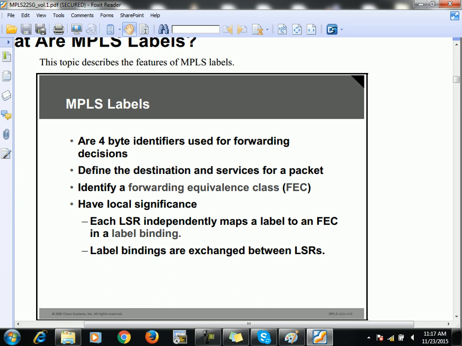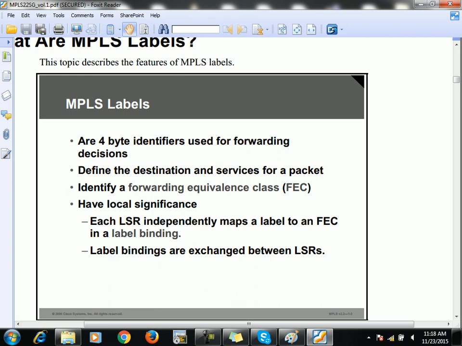One FEC, one label. LSR is a label switch router, whether it is SLSR or LSR. They will be responsible to generate labels and map those labels to FECs, or you can say to prefixes.